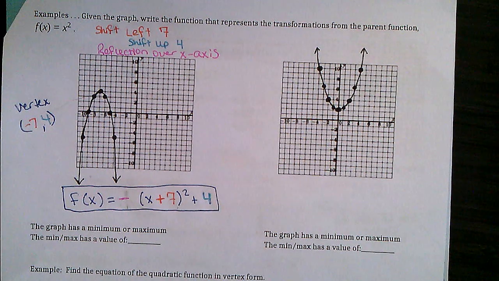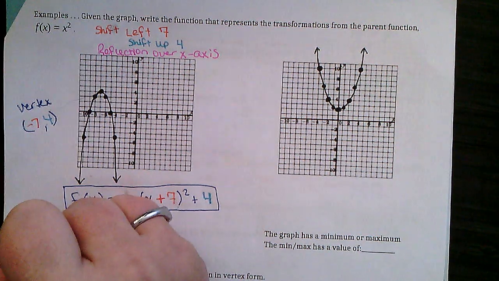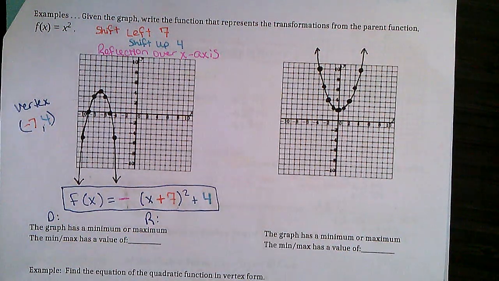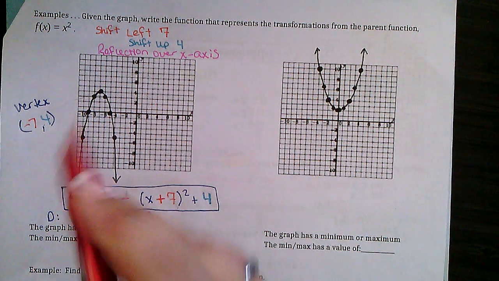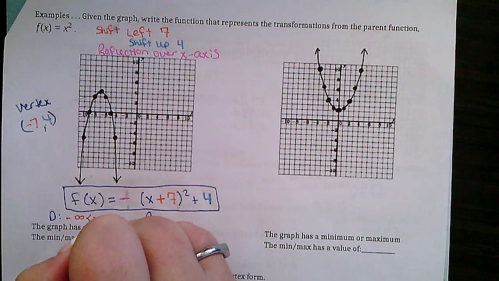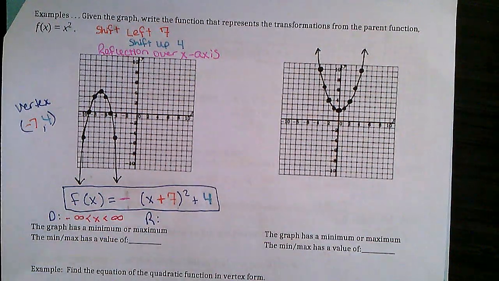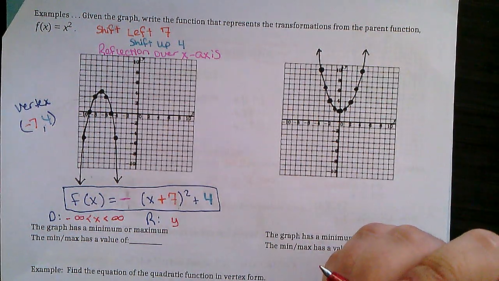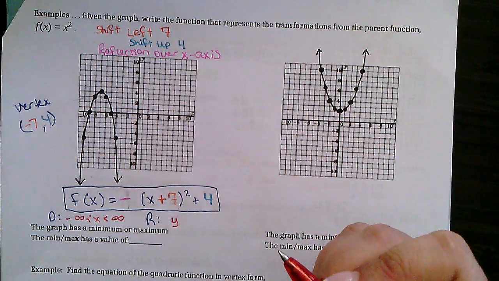Okay. It didn't say to do this, but we are going to do the domain and range. Domain for any parabola is negative infinity is less than x, which is less than infinity, or all real numbers. And the range is either y is greater than something or y is less than something.